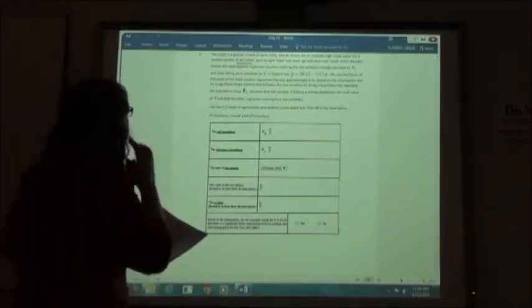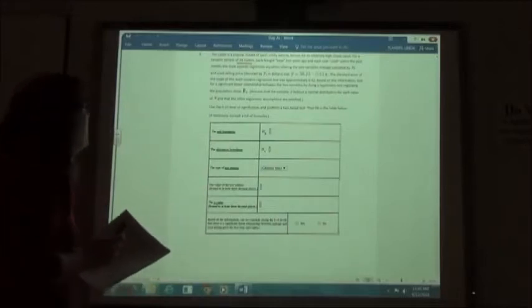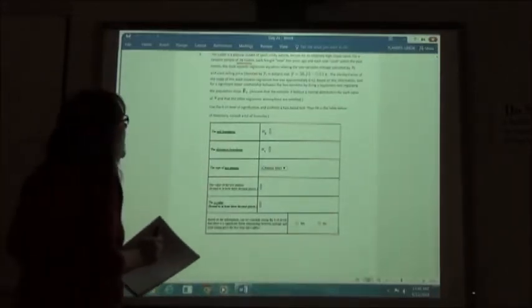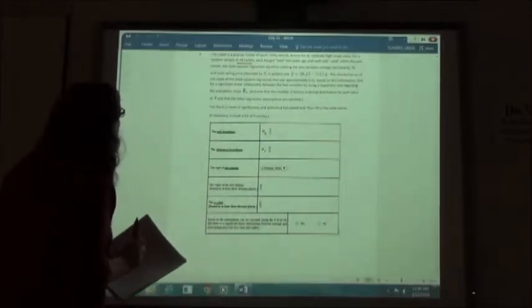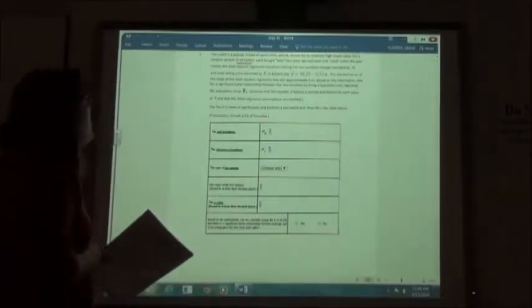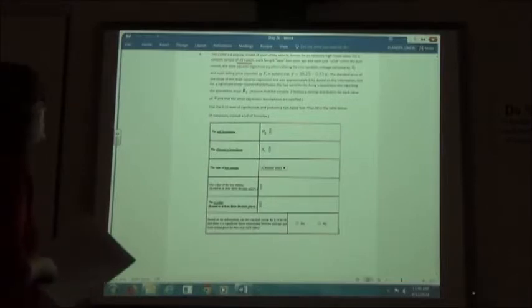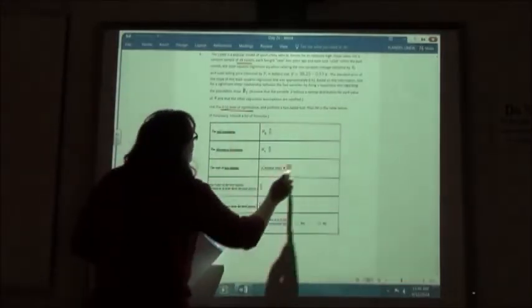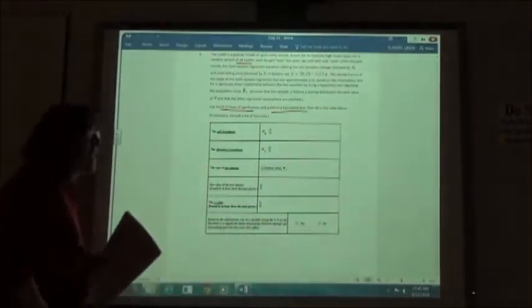The standard error of the slope of this linear regression line was approximately 0.42. Based on this information, test for a significant linear relationship between the two variables, doing a hypothesis test regarding the population slope B1. Assume the variable y follows a normal distribution for each value of x and that the other regression assumptions are satisfied. Using a 10% level of significance, perform a two-tailed test.